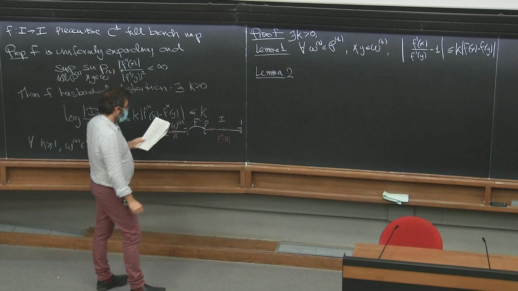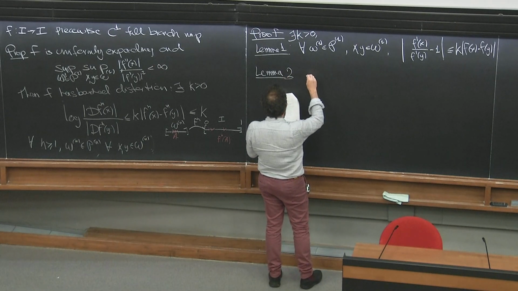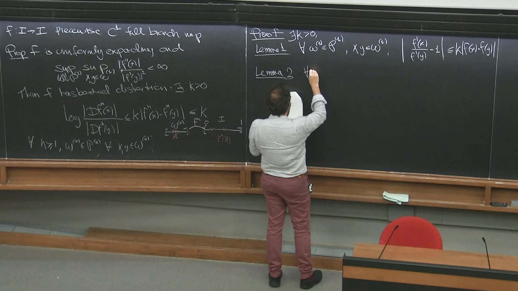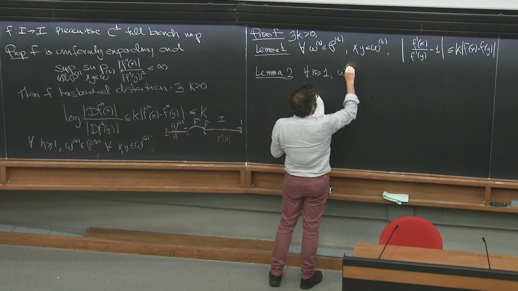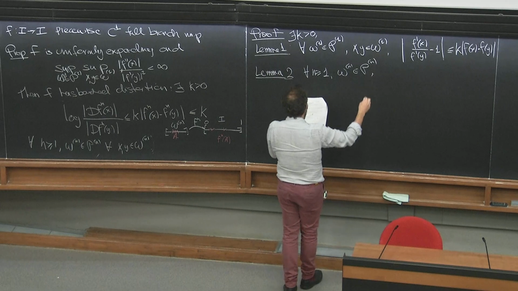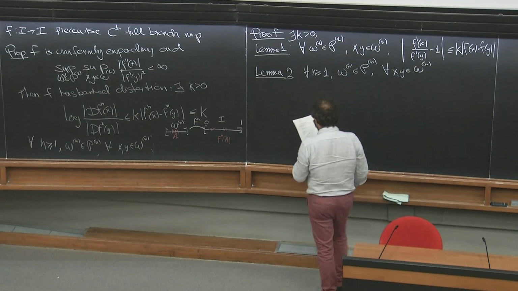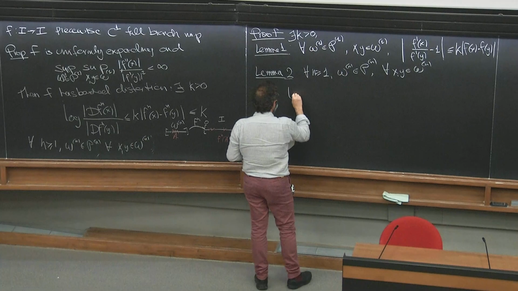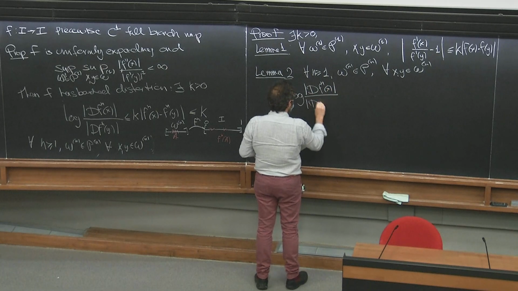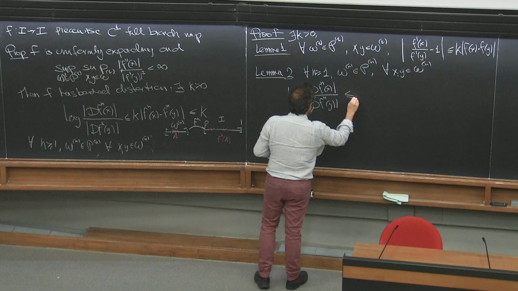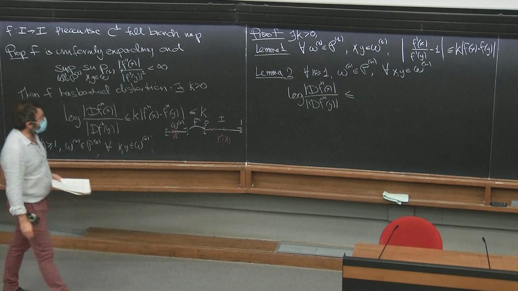So here we have the following. We have that for all n greater than or equal to 1, and for all omega n in Pn, for all x, y in omega n, we have that the log, so this is what we're trying to bound, the ratio between these derivatives.